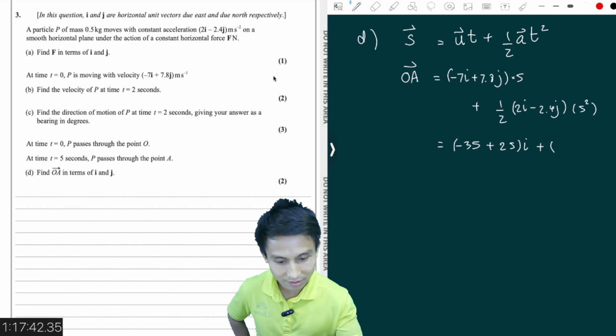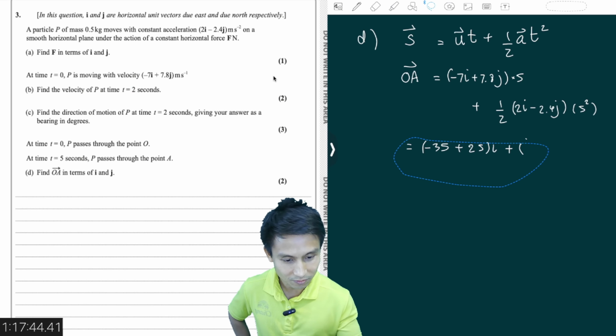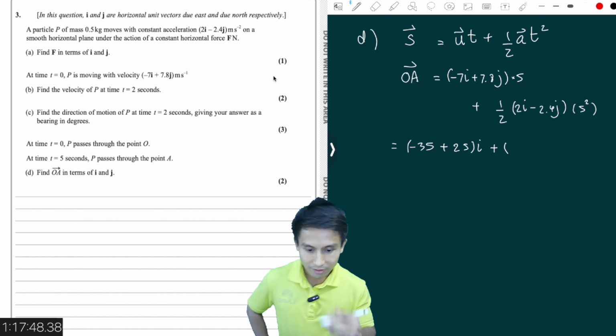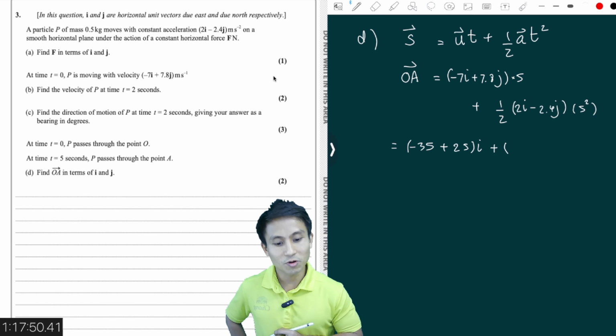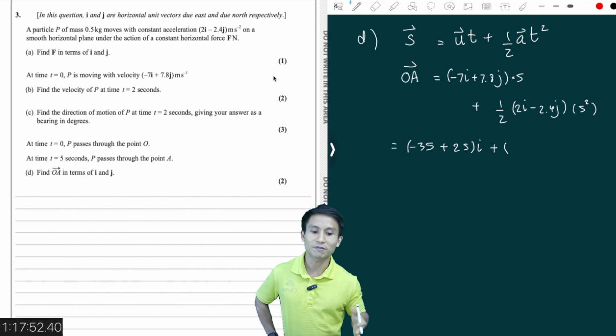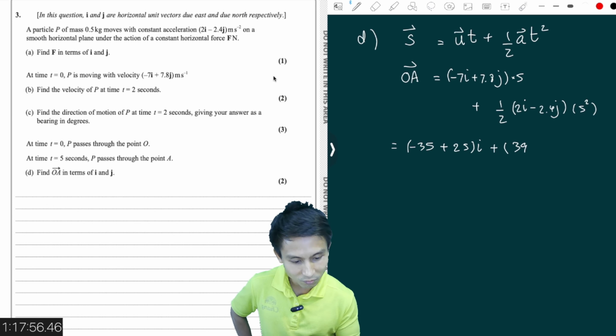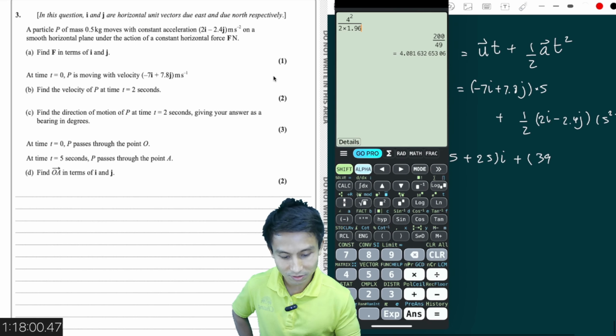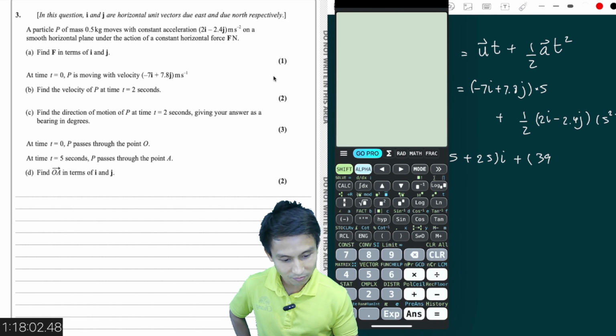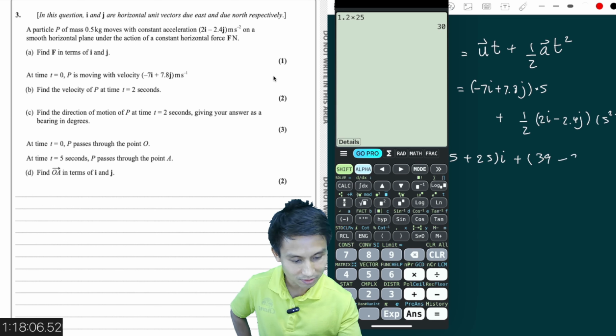And then plus, in brackets, 7.8 times 5, so that's 35 plus 4, so 39. And then what do we have here? 1.2 times 25, that should be 30, yeah, 30, so minus 30 there, and then bracket j.